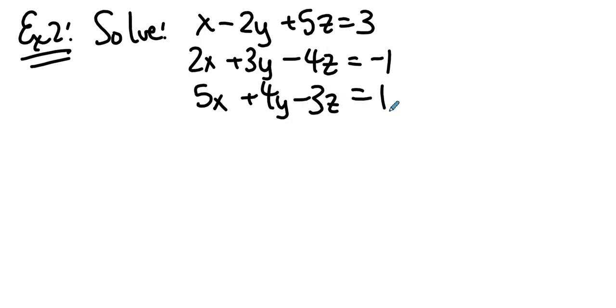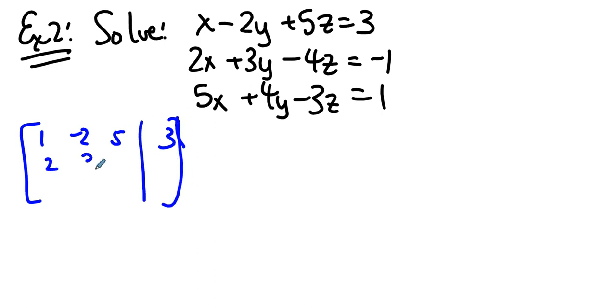Take a moment, hit the pause button, play through what it looks like to take this augmented matrix and try to get ones on the main diagonal, zeros below it, zeros above it. It's a very similar process to this one. Hit the pause button, and in about 10 seconds, my work will appear.